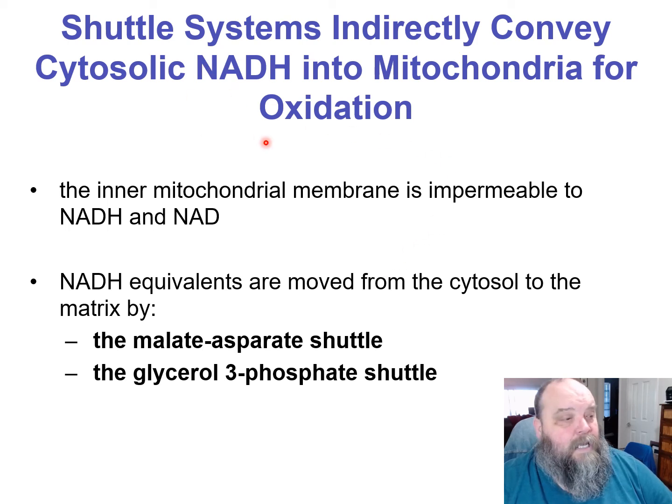We've got to get those NADHs from the cytoplasm, from glycolysis, into the mitochondria. So you're going to have shuttle systems: the malate-aspartate shuttle and the glycerol 3-phosphate shuttle.